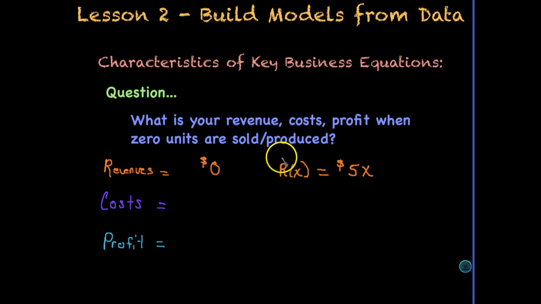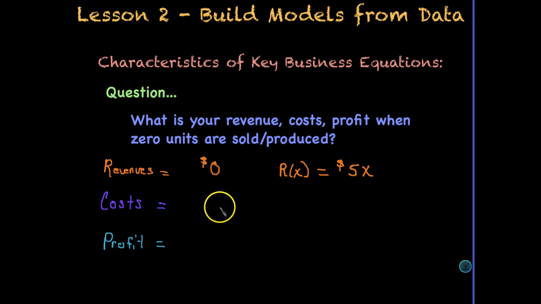If we don't produce anything, what are our costs? Do we even have costs? Well, remember back, costs can be broken into 2 categories, both fixed and variable costs. Now our variable costs are only incurred when we produce units, because those depend upon the number of units we produced. If you remember, if we painted jeans, then each pair of jeans we painted, we'd have to buy a pair of jeans.